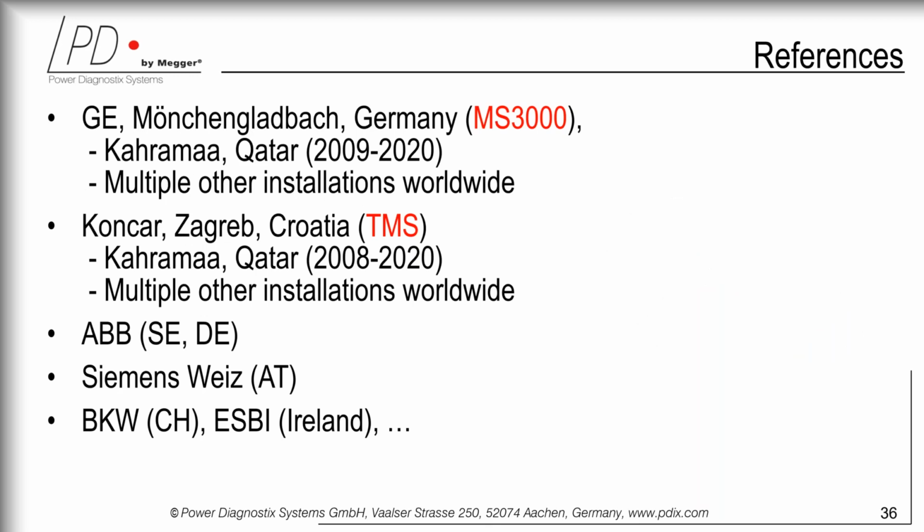So we have, as I mentioned, GE, Conchar, ABB, Siemens, BKW, ESDI, so lots of key transformer manufacturers, but also people making devices are coming to us to purchase, let's say, the partial discharge component.